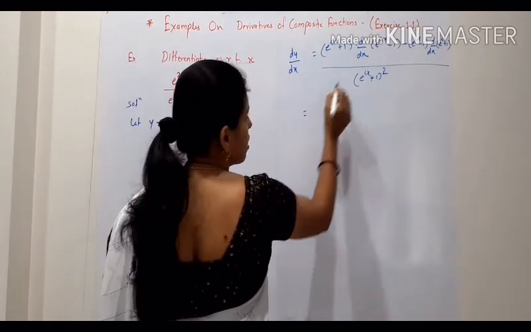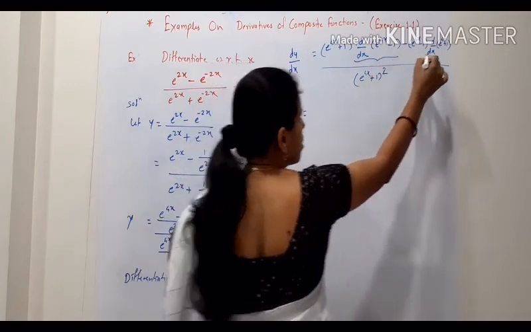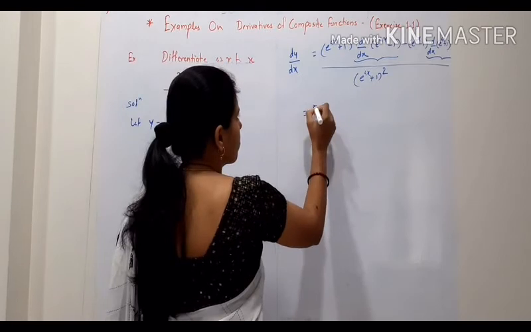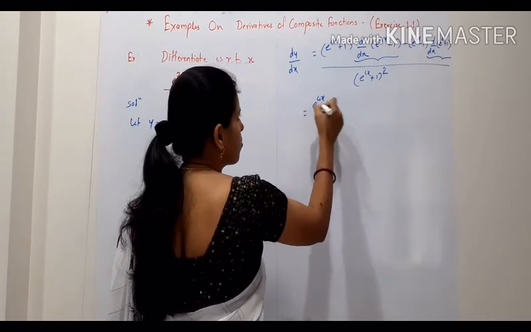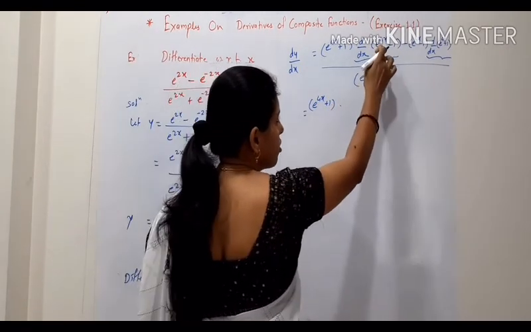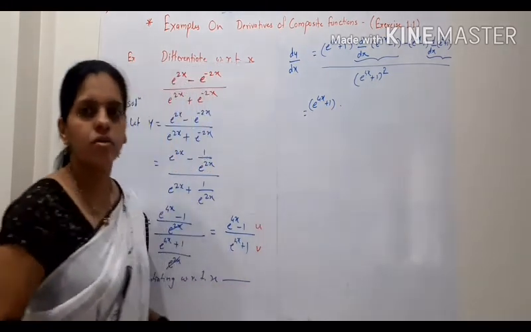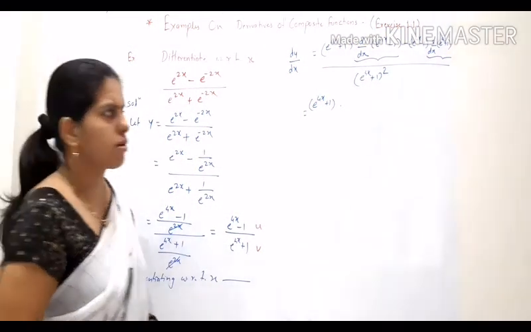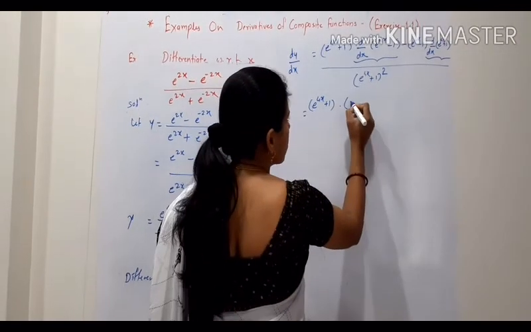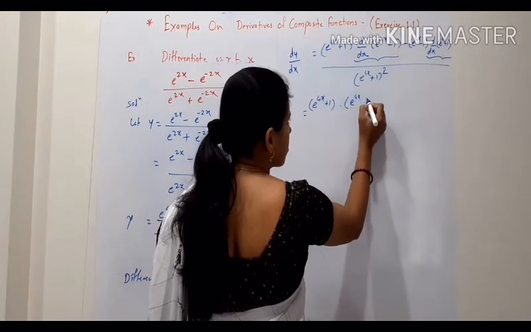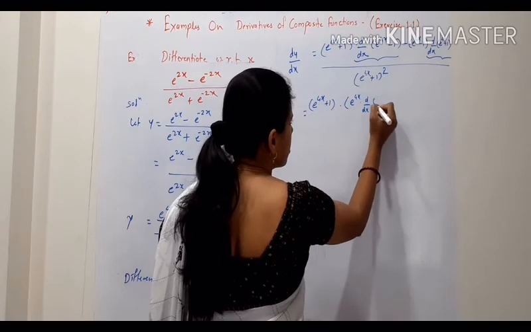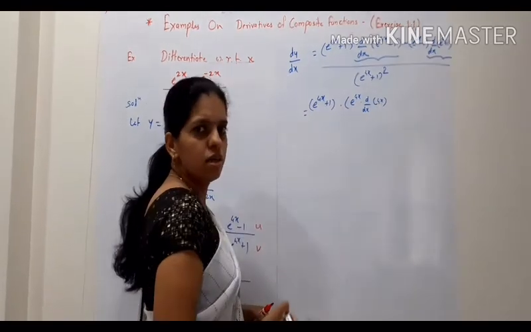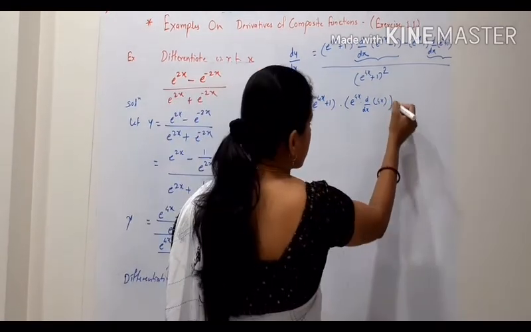So we solve the derivative terms here, the derivative of these two terms. e raised to 4x plus 1 as it is, into derivative of e raised to 4x. e raised to f(x) gives e raised to f(x) into f dash of x, so e raised to 4x as it is, multiplied by derivative of 4x, minus the derivative of the constant one, so 0.